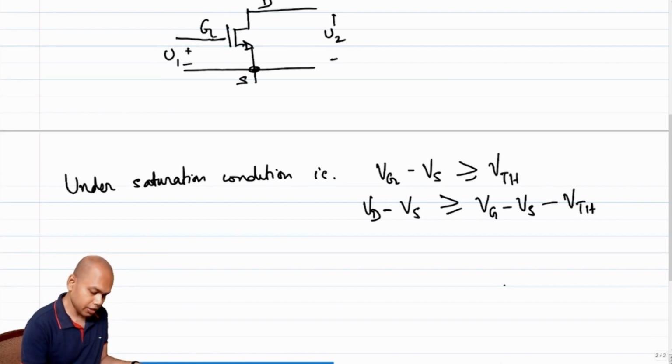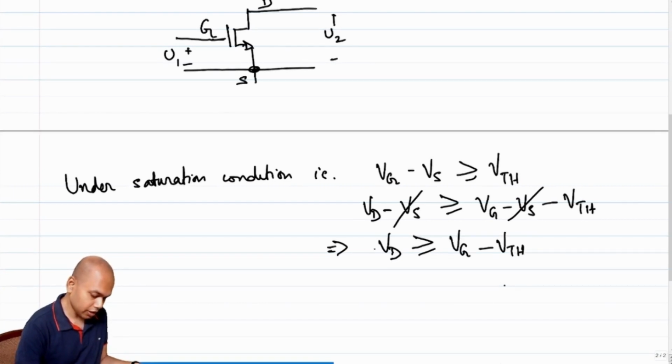In other words, you see that the source is common between both sides of this inequality, so they go off, which means that we just have to ensure that the drain voltage is greater than the gate voltage minus one threshold voltage, right?